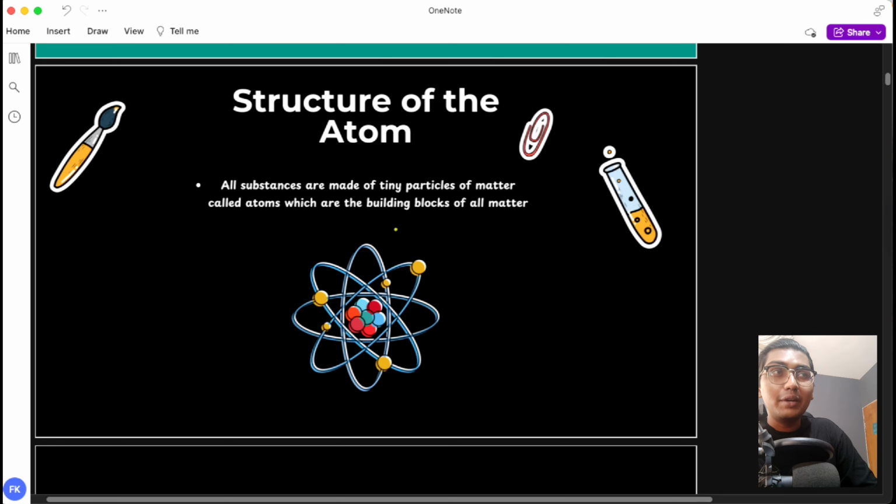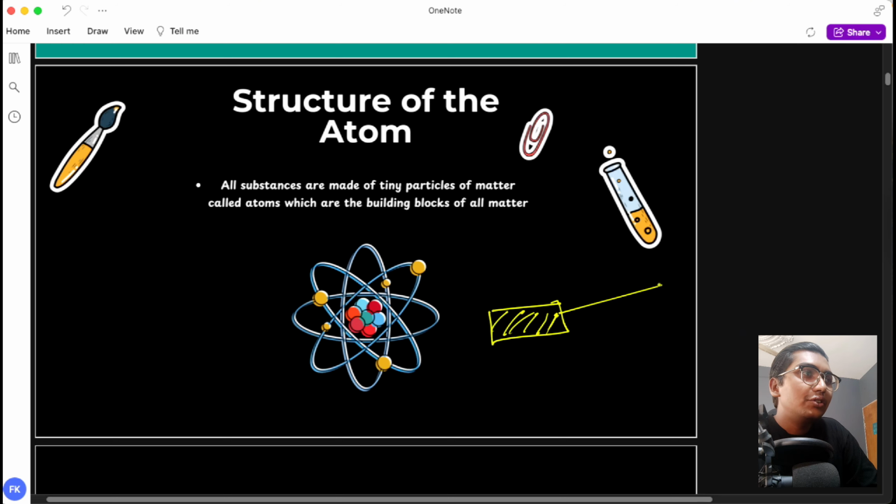All substances are made up of tiny particles of matter called atoms, which are the building blocks of all matter. So all matter is basically made up of atoms. Let me give you guys an example. For example, this is a sodium metal. If you zoom in on the sodium metal, you will see tiny, very tiny.